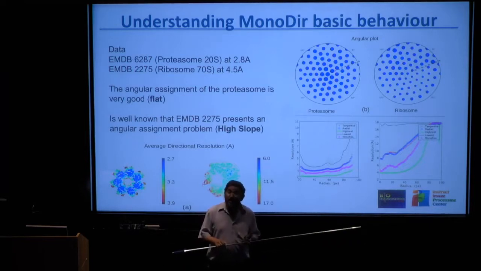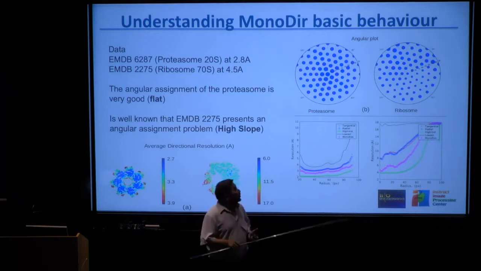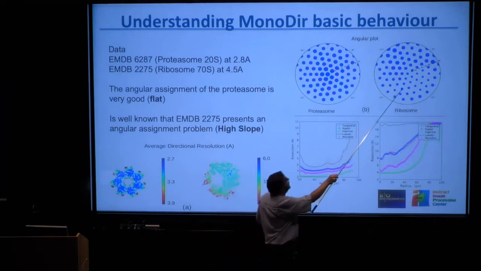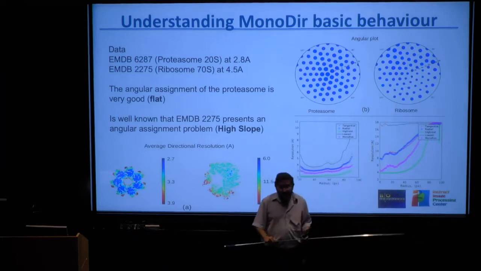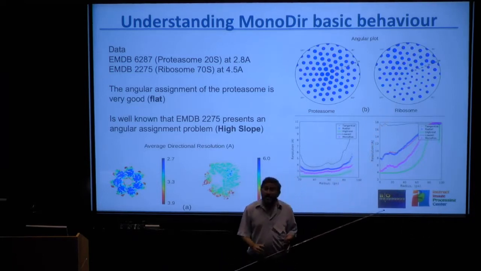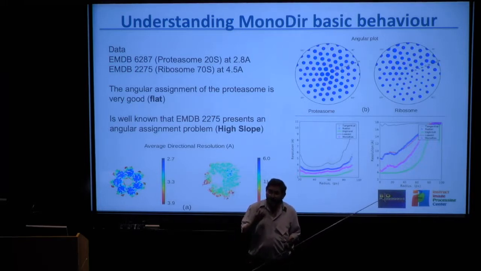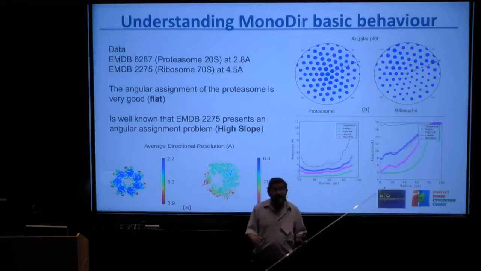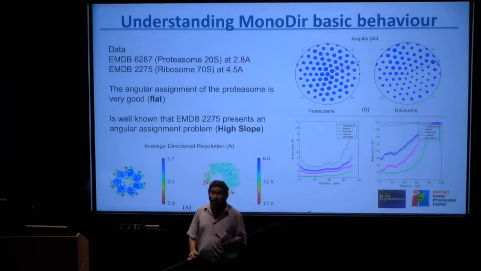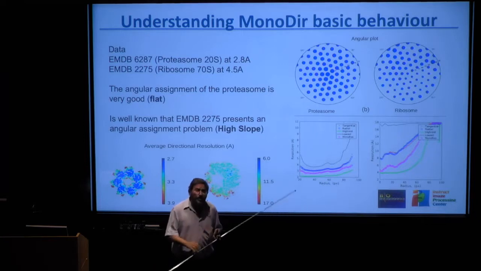So I probably am not determining very well the angles of these particles. It could also be telling me that there is flexibility, and that flexibility is particularly noticeable from that direction, and it would be unable to separate one from the other.